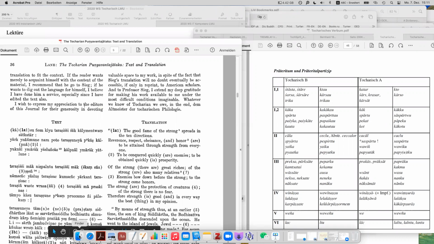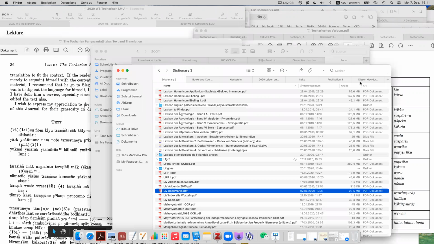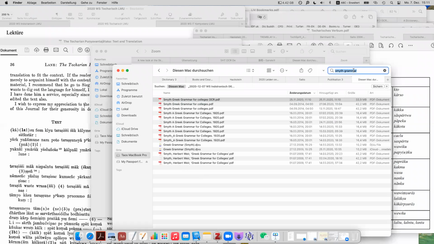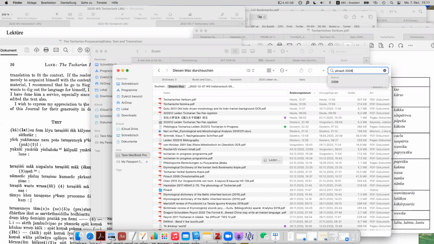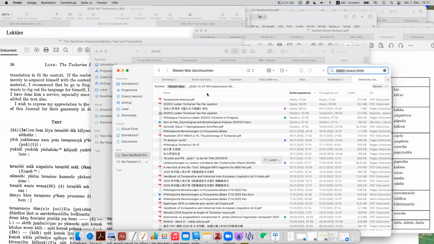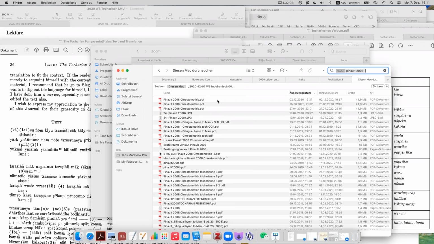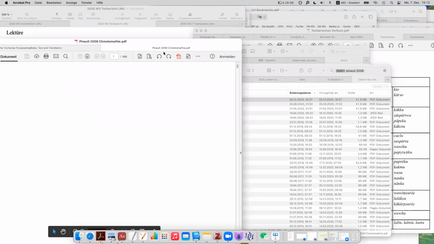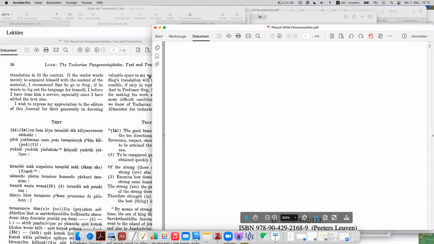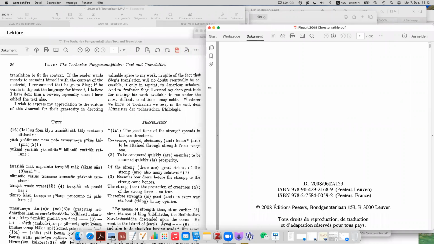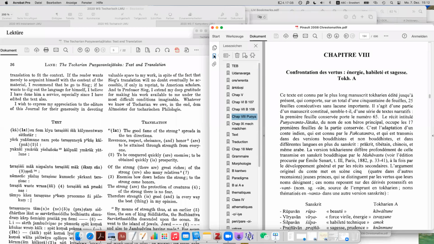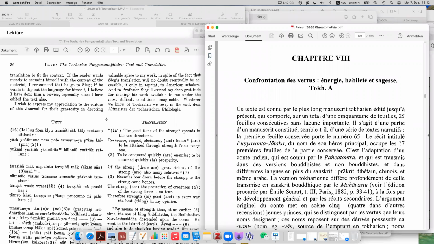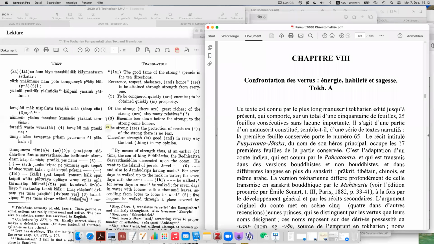And besides this, we can use the French book by Pinault. This is basically the two editions we can use now. So this is the text we can use.